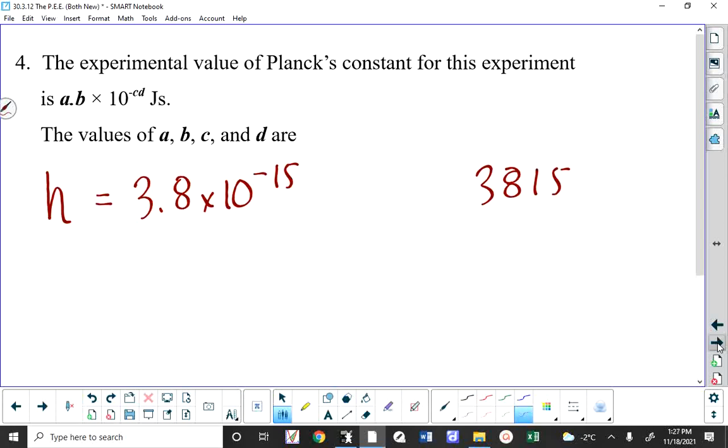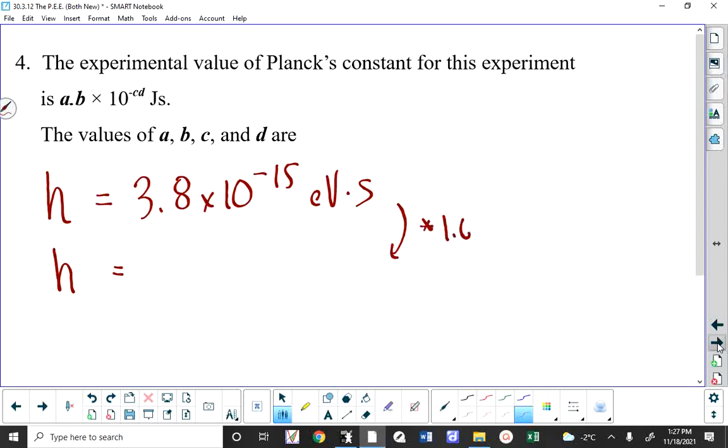Evan? Right. Our graph had units for kinetic energy of electron volts, so this was electron volts times seconds. We want joules times seconds. So we're going to take this number, we're going to multiply it by 1.6 times 10 to the negative 19 joules per electron volt.